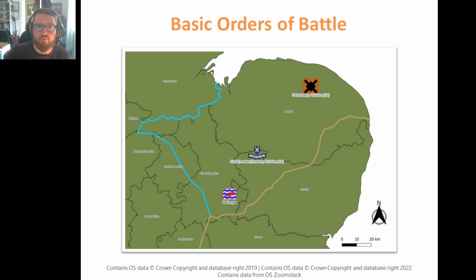This is a little example here on the screen showing a very basic order of battle to division level for Norfolk in July 1940, and this is one of the jumping off points for my research into Thetford as a very specific area. But we'll look at this in more detail shortly.